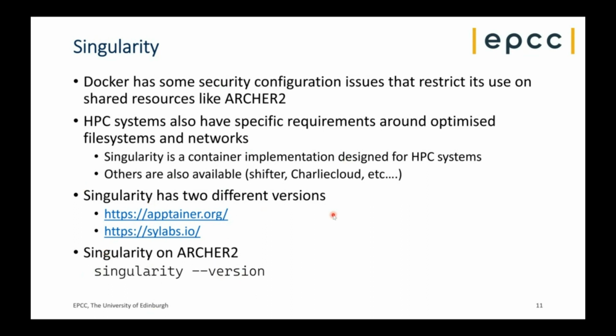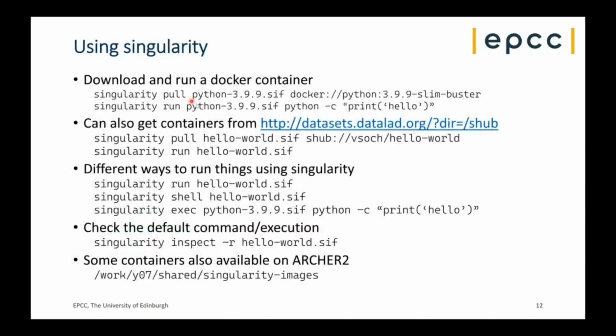So we have this Singularity container system on ARCHER2, and it can run Docker containers, which is a nice thing. Singularity lets you pull a container, say from the Docker website, and then run it. That pulls down the host image to run, and then you can run commands inside it. So we can do singularity run, the name of the container, and then run the command.